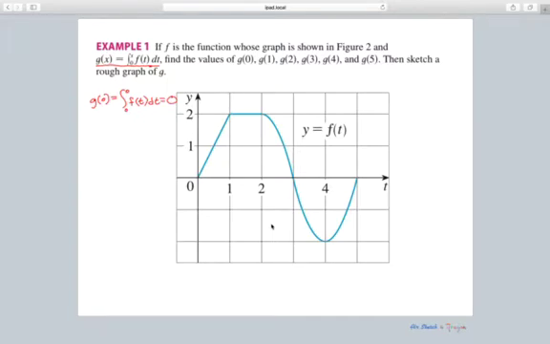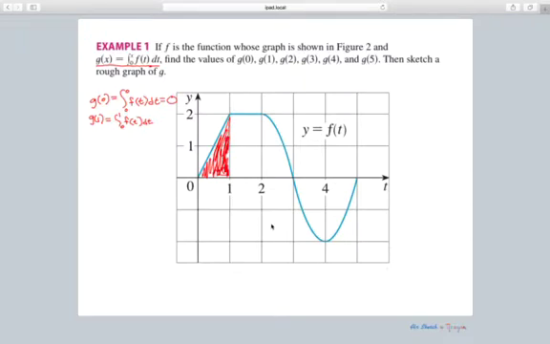Then g of 1. Now we're looking at the integral from 0 to 1 of f of t dt. We're just going to interpret this geometrically. What we have there is an area under the curve in this little triangle, and we can just use geometry to find that.